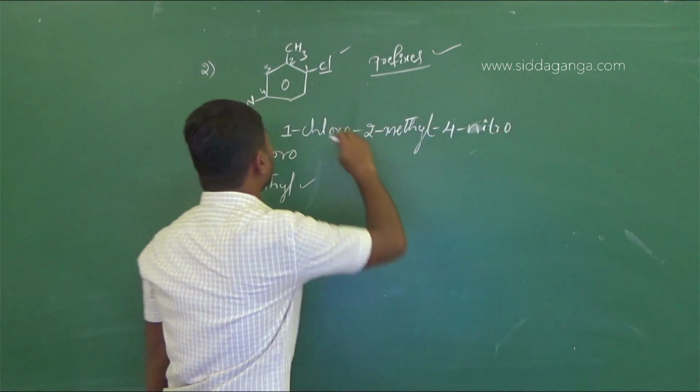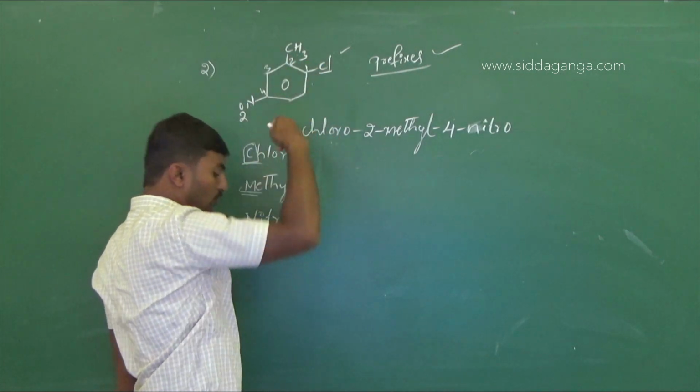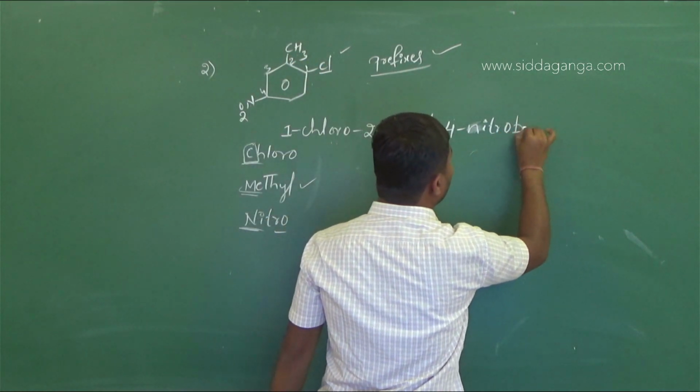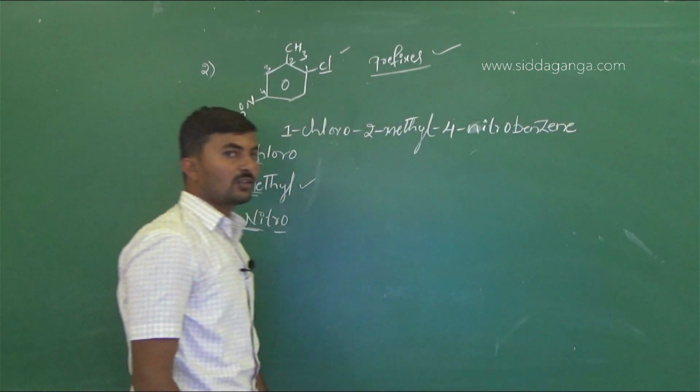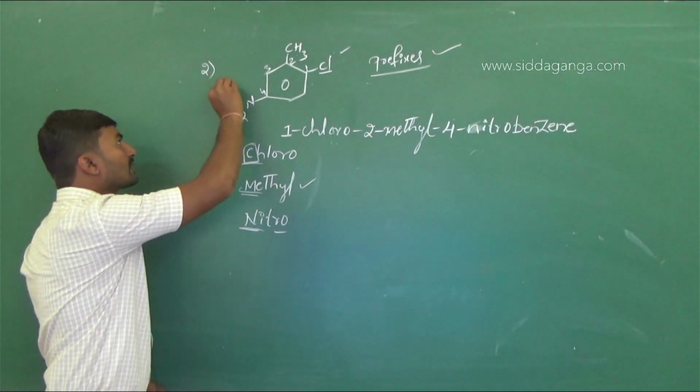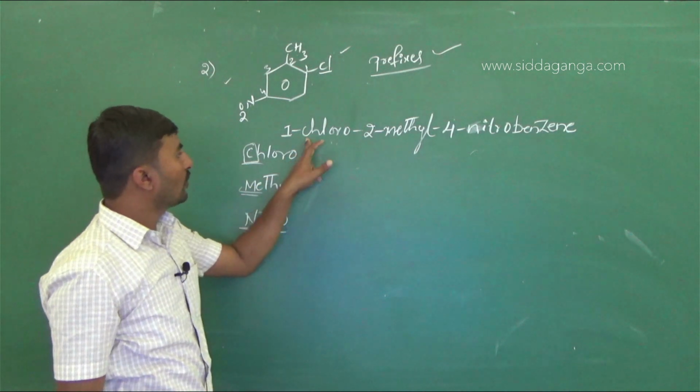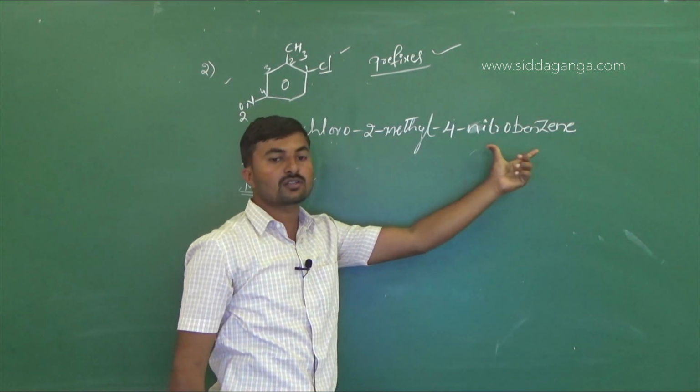At last the root word, that is benzene. So the exact IUPAC nomenclature for the given structure is 1-chloro-2-methyl-4-nitrobenzene.